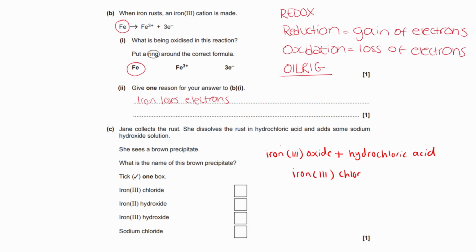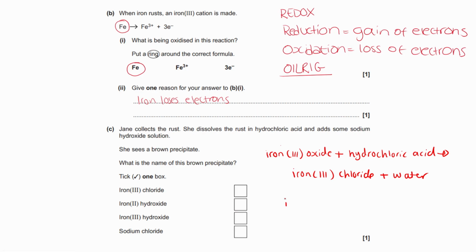However, this is not our final compound because then she adds some sodium hydroxide solution. So to this salt, obviously we have this produced plus water. Okay, so iron oxide plus hydrochloric acid gives iron chloride plus water. Now, this is not our final compound. Iron chloride then reacts with sodium hydroxide solution because she then adds that.